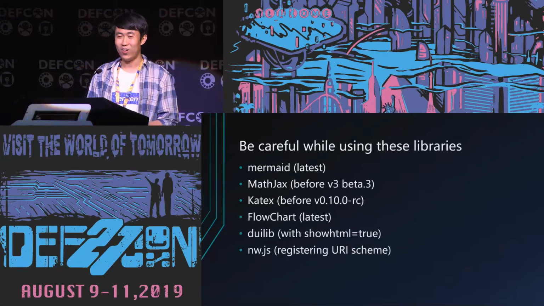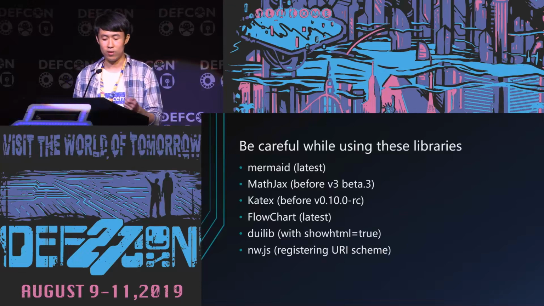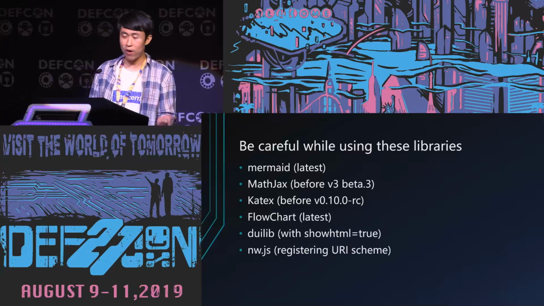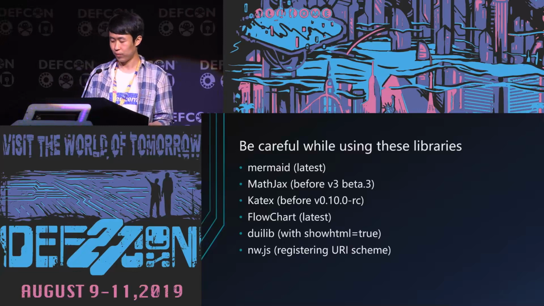And also, as a developer, you should be careful while using these libraries: some older versions of Mermaid, MathJax, KaTeX, and the latest version of flowchart. And if you use dual-lib, you should not set show HTML to true. And if you use nw.js, be careful while registering a URL scheme.